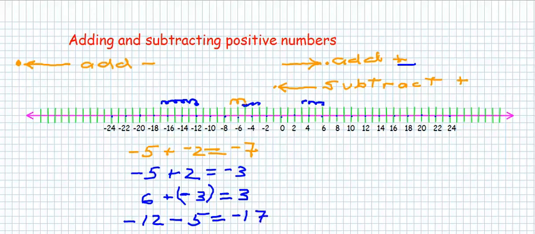All right? If you think about your number line, if you add a positive number, you go to the right. If you subtract a number, you go to the left. And if you add a negative number, you go to the left.